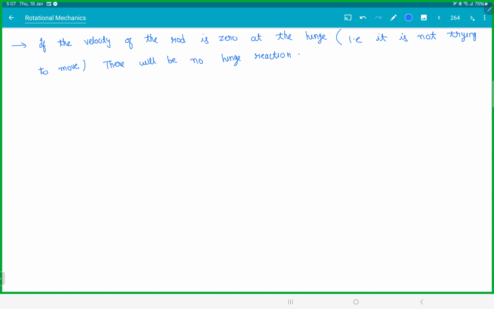There'll be no hinge reaction. Now, since there is no hinge reaction, I can do this. This is before collision. After collision, let this be u1, this be v1, and this be v2, and the rod rotates with omega. So the velocity of this point should be v1 and L omega by 2. So this condition is being satisfied.